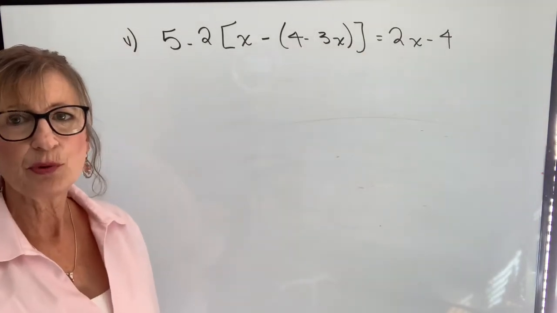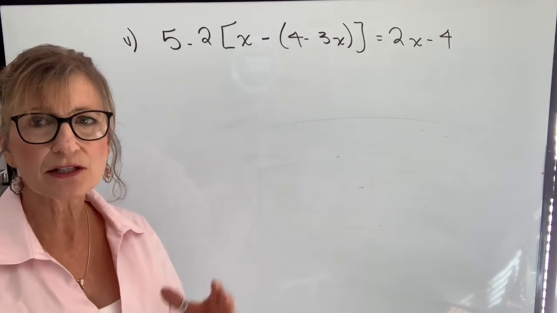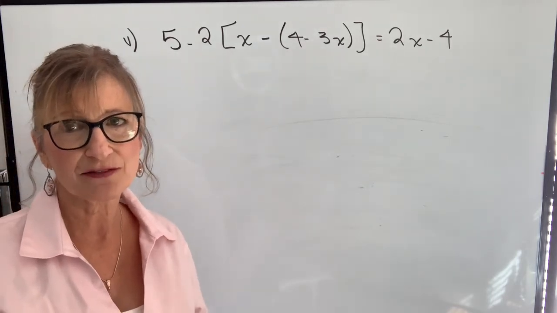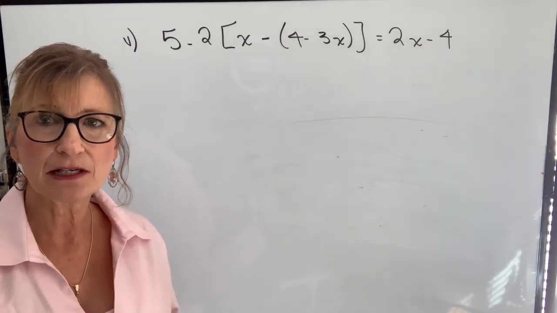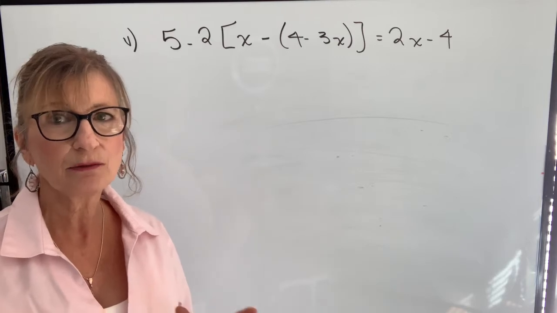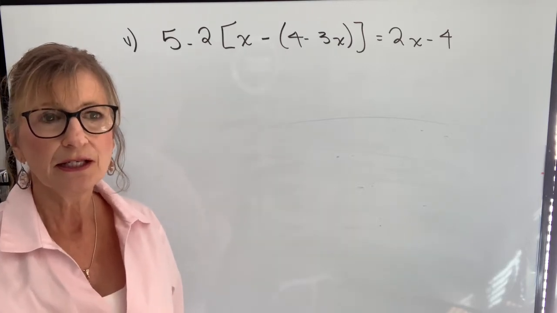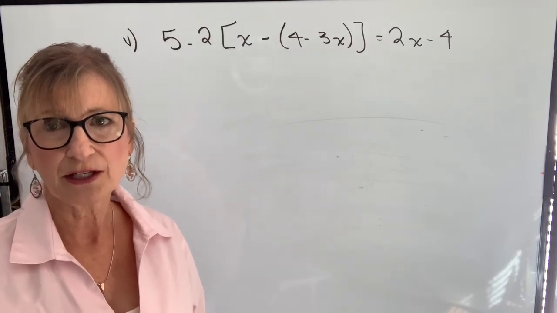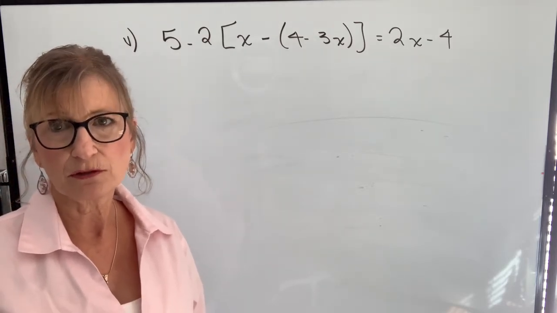Okay, our last example has quite a few grouping symbols, and it's actually very similar to the example that I started the last video with. We didn't solve it at that time because I wanted to build up our skills in solving equations first, but I think we're ready to tackle it. You want to eliminate any grouping symbols and simplify, and then we start worrying about solving.